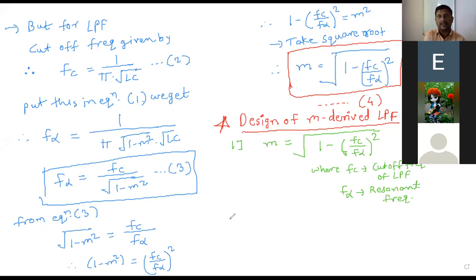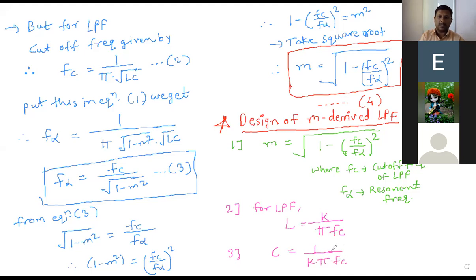Now the second formula, for calculating L and C. For the low pass filter, what is the equation of L? It remains the same as the constant K type. So L is equal to K upon pi FC. C is equal to, just take K down, 1 upon K into pi into FC.